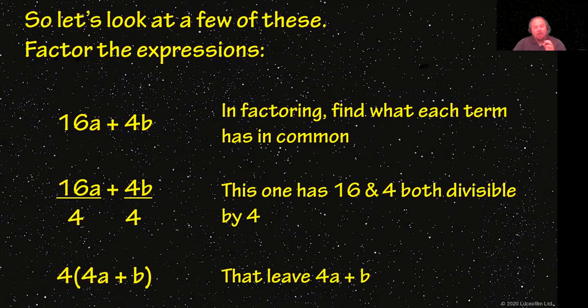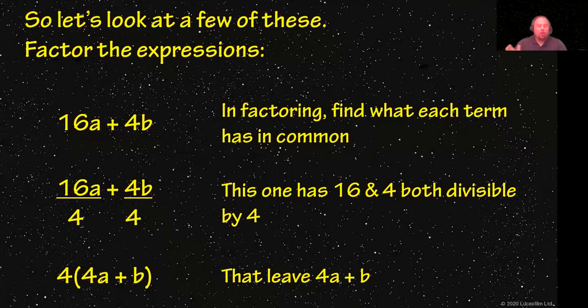And I'm not doing a lot of that today, although it would have been a good place where we could have done this. Multiplying 4 times 4a gives you 16a, and multiplying 4 times b gives you 4b. So when you put it back and look at it, it helps you see what the answer is.